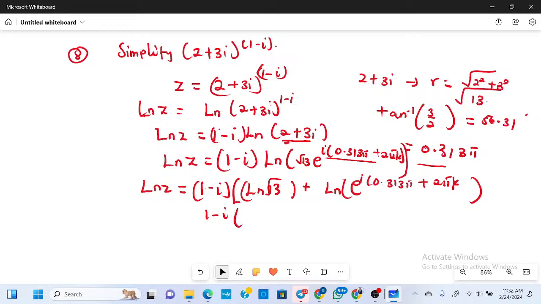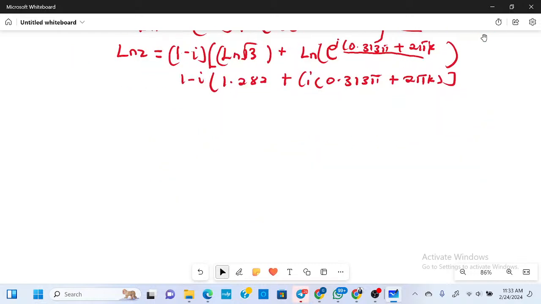Natural log of root 13 is giving us 1.282, plus this expression. I'll have the whole exponent coming down, and I'll have i times (0.313 pi plus 2 pi k). So ln e is 1, so ln e vanishes.